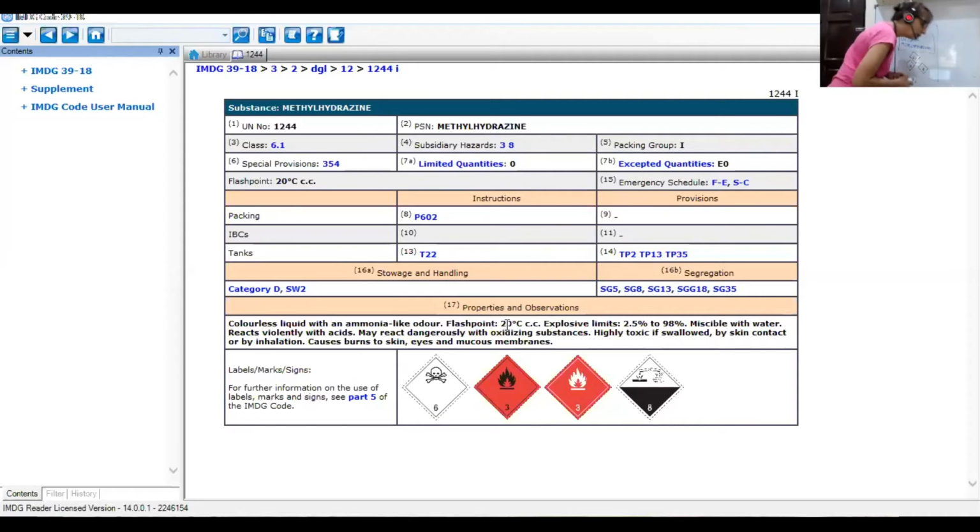The code also gives us properties of these labels. It tells us that these labels have to be 100 by 100 mm in size, should be affixed next to the mark, and should indicate all hazards.